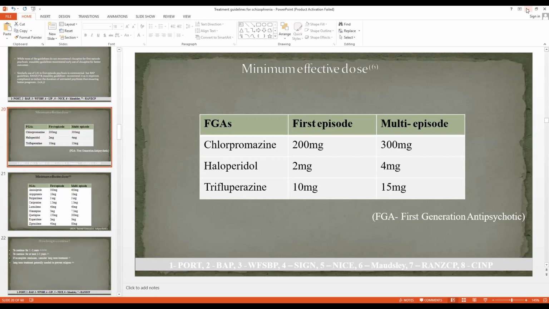Definitely, thyroid involvement can be there. Specifically when starting an antipsychotic, what is it? We are doing it as a baseline.